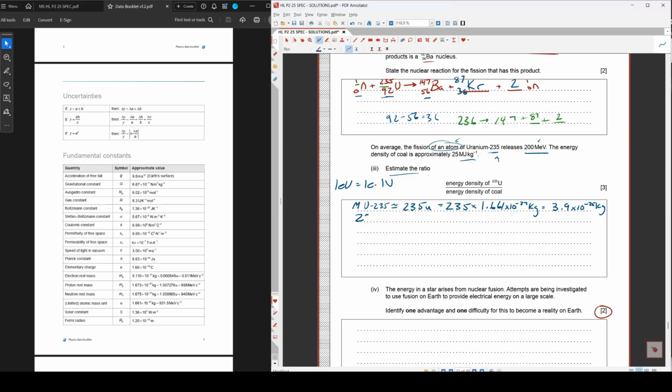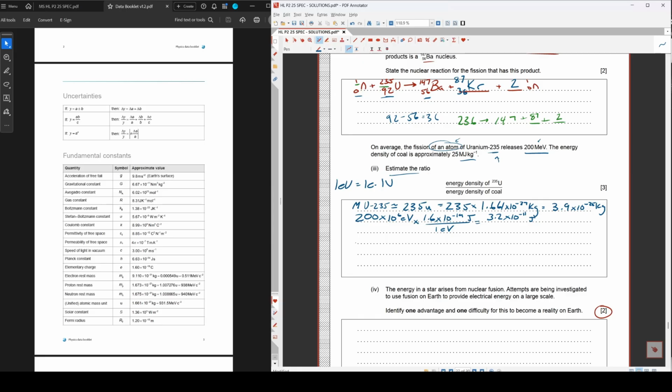So 200 times 10 to the 6 electron volts is what the mega part means. And I'm going to then multiply because there's this many joules in 1 electron volt. So what does this give me? 3.2 times 10 to the minus 11 joules.